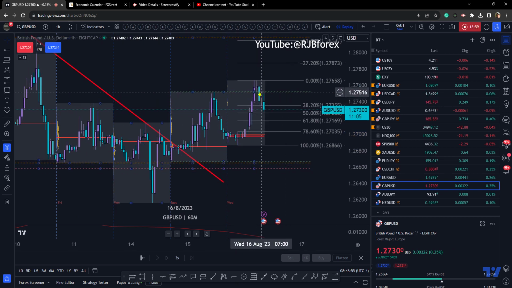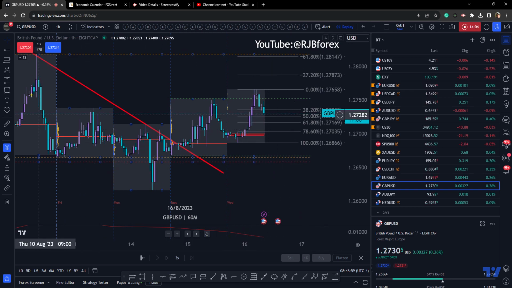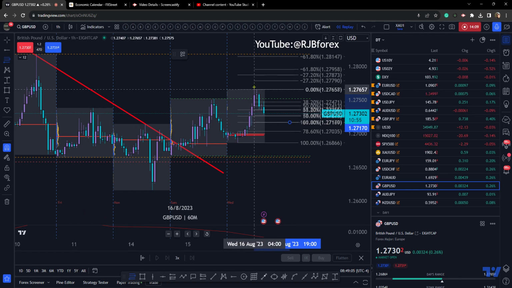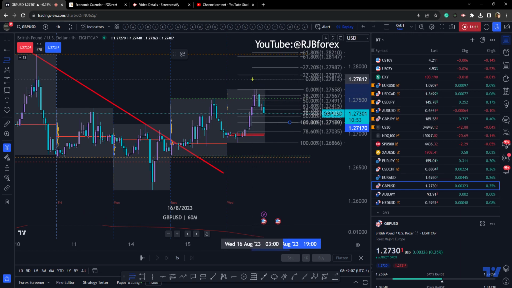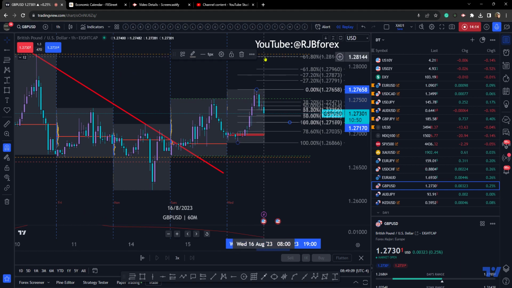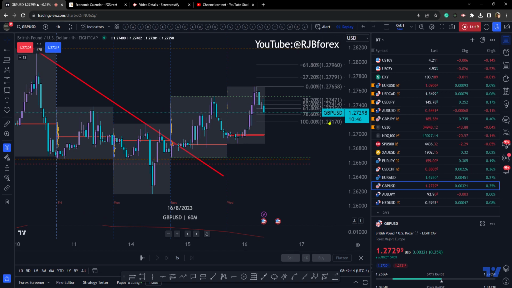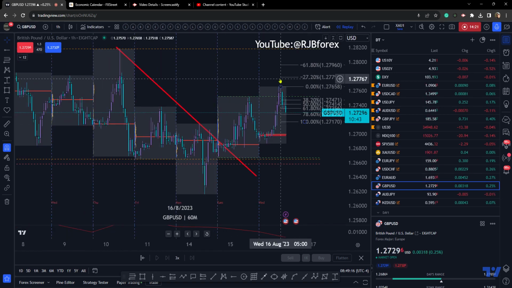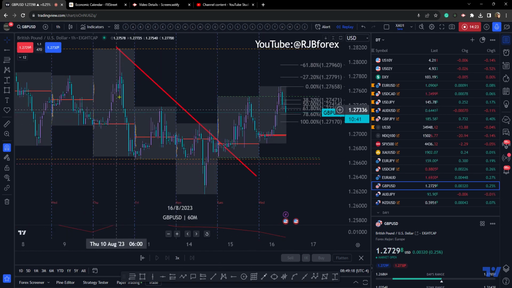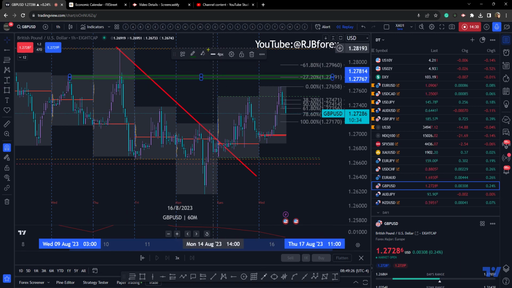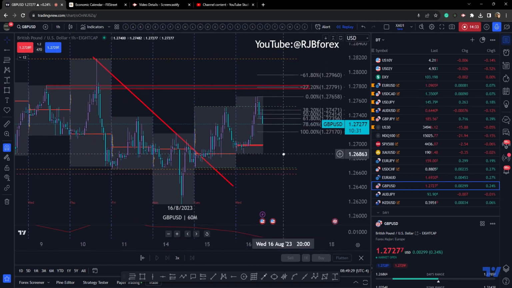And then if we get that move, perhaps we're going to fly up higher with a target. Let's take it from the 61.8. $127.80, aligning with prior highs. That's a focal point for the bulls.